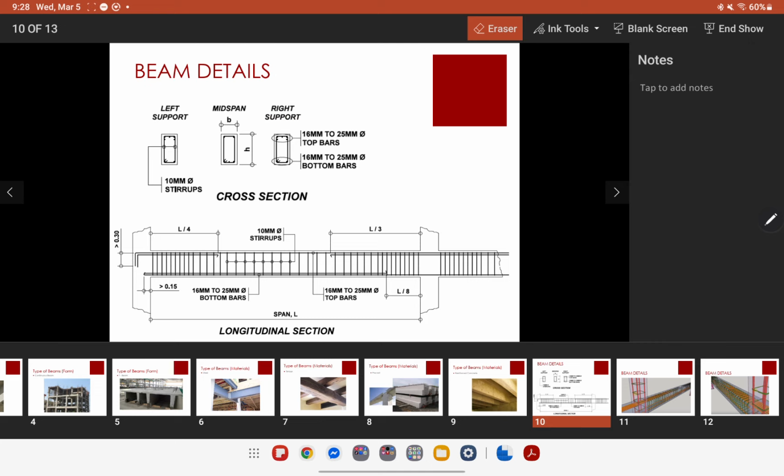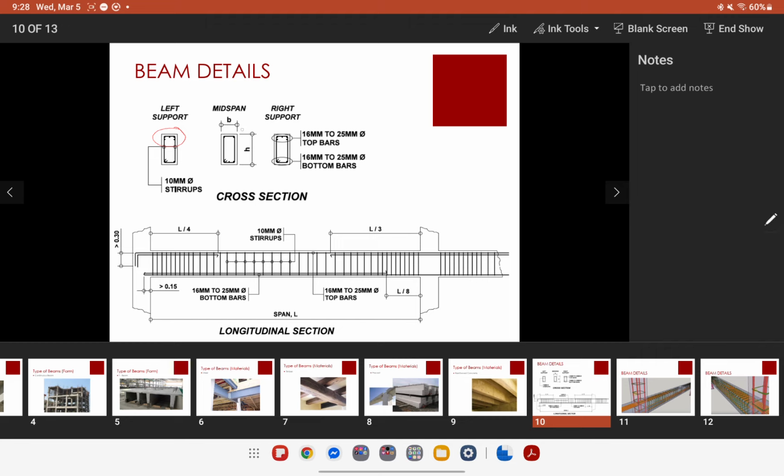So for this one, it shows that the left support has 5 bars. For example here, it has 5 bars as your top bar.